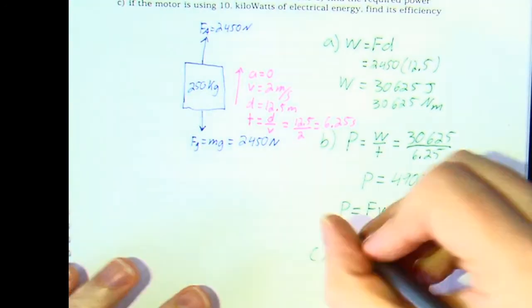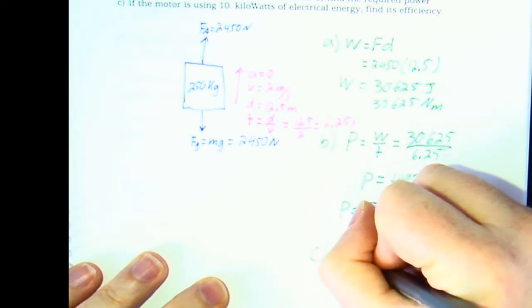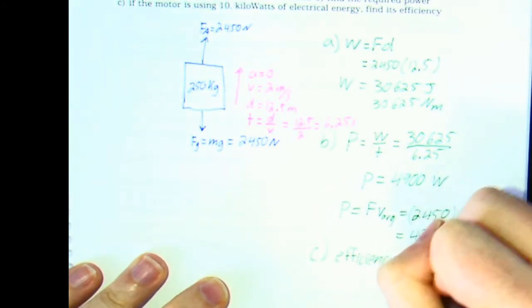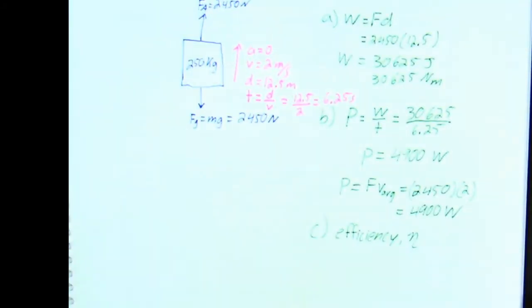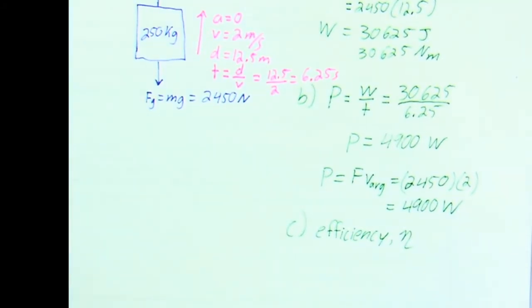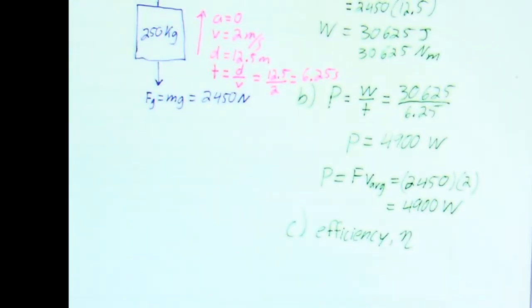So we've got efficiency, eta. Sorry, guys. Efficiency eta is given to us as the output divided by the input times 100.